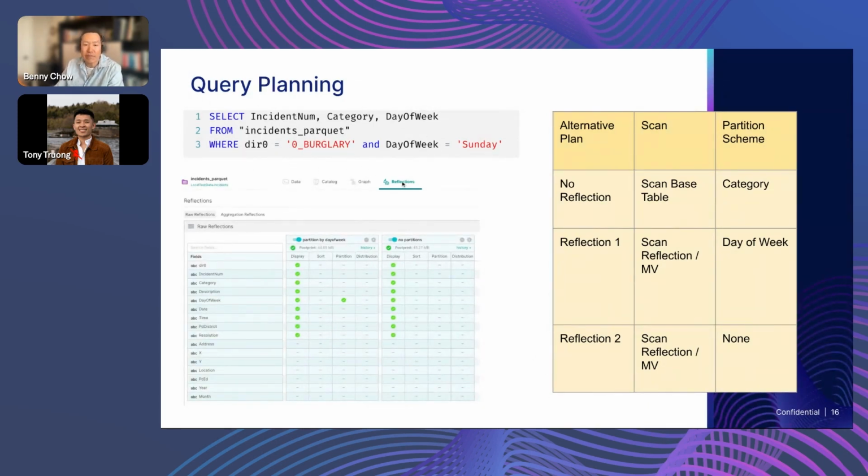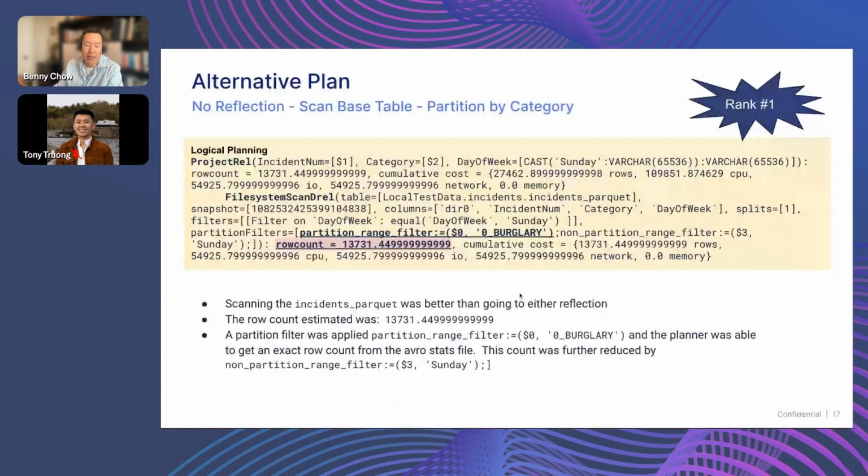Okay. So now let's take a look at the logical plan in terms of how we determine which one a planner should use. This is the first logical plan, and this plan turns out to be the best plan to use. It's the one that doesn't use a reflection and scans the base table. If you look at the logical plan, it's pretty simple.